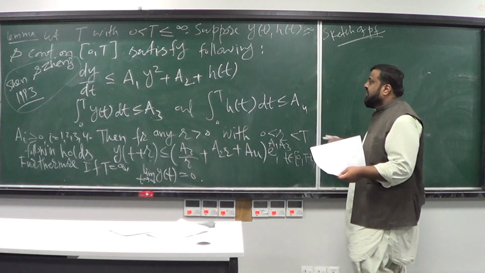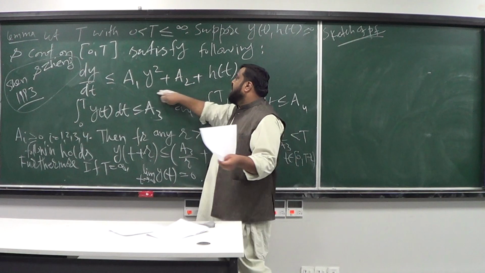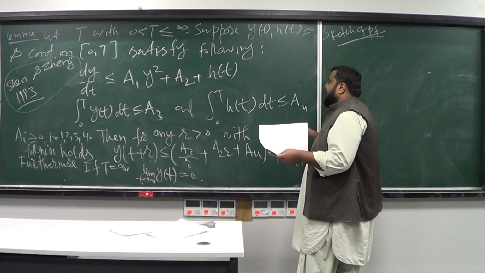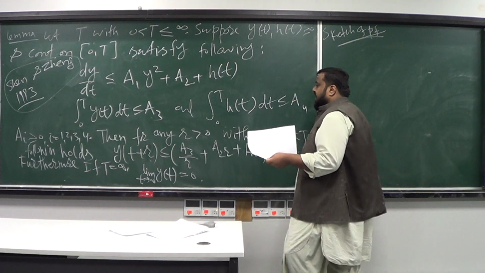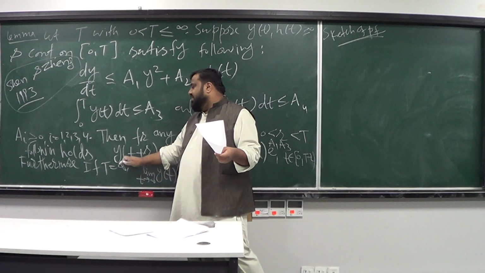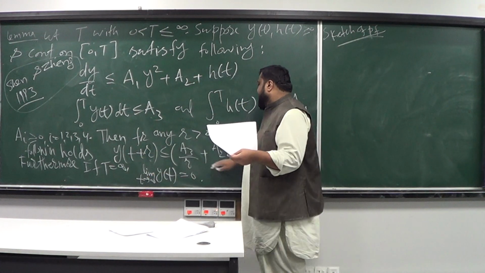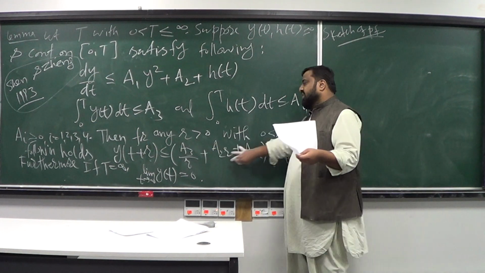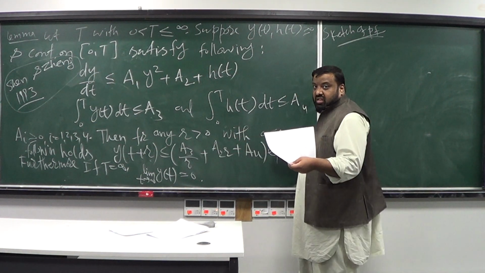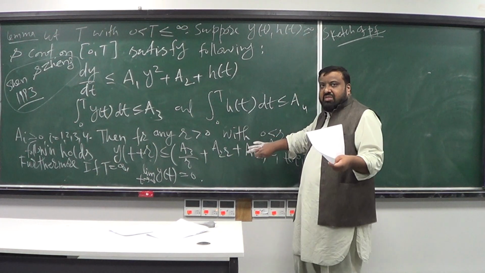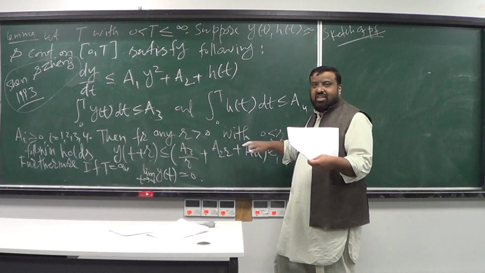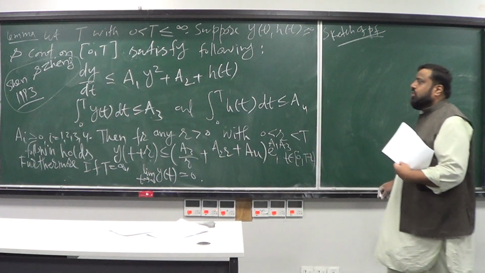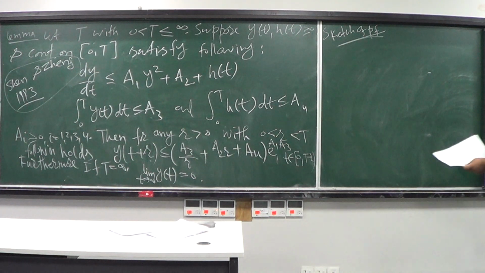If your y satisfies a kind of quadratic inequality, and the integrals of y and h are bounded and satisfy this condition, then y always stays below this fixed number, which is independent of y. So this result is a bit similar to the Grönwall lemma, and hence its proof is also really similar.